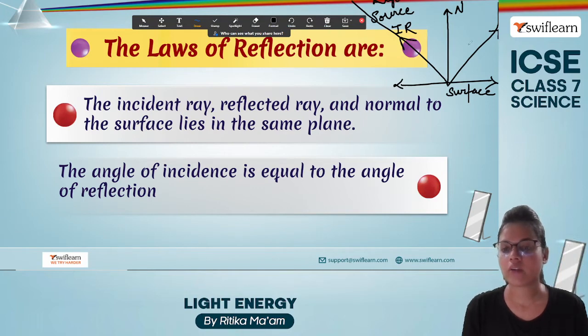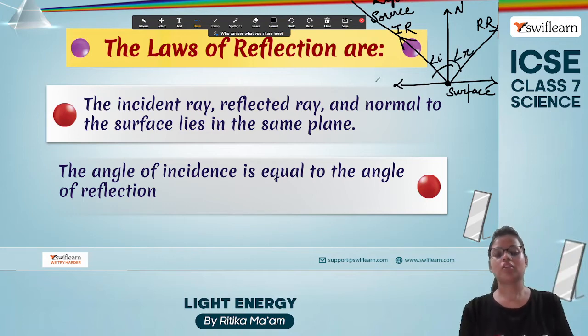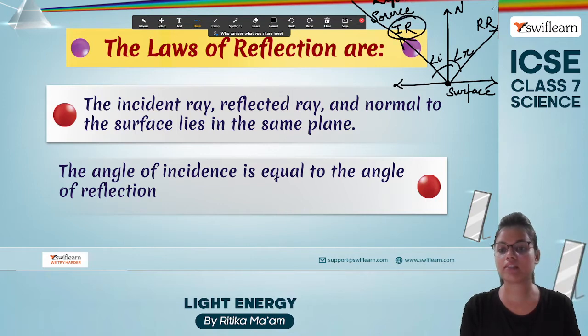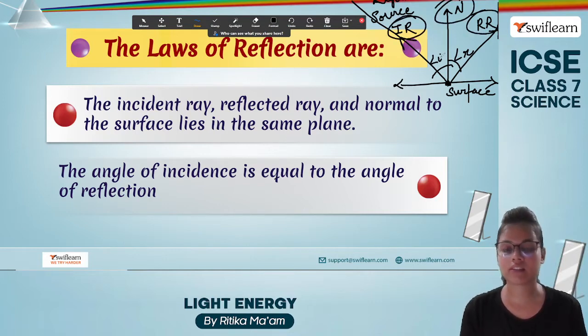And this will be the reflected ray which is going after reflecting from the surface. This will be the angle of incidence and this will be the angle of reflection. So the first law says that the incident ray, reflected ray and normal at the point of incidence all lie in the same plane. And the second says that the angle of incidence, angle i, is equal to the angle of reflection.